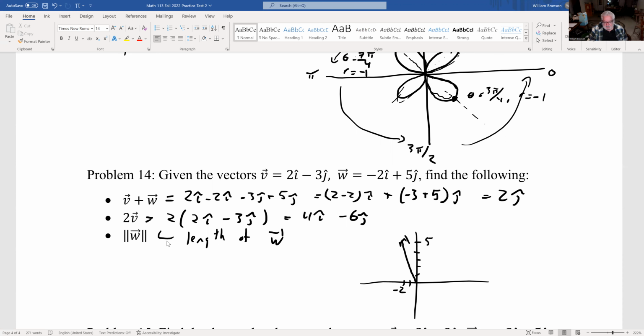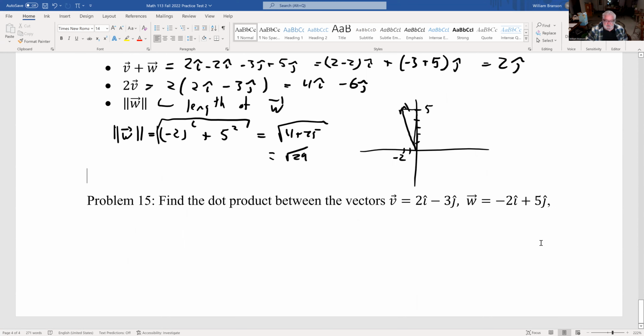So you can always just draw it as a right triangle. One side is 5, one side is 2. So technically it's going to be minus 2 quantity squared plus 5 squared, square root, because that's our Pythagorean theorem. That's square root of 4 plus 25, square root of 29.